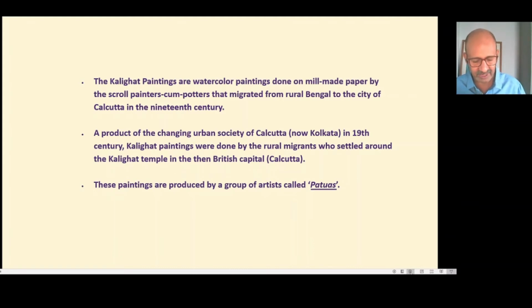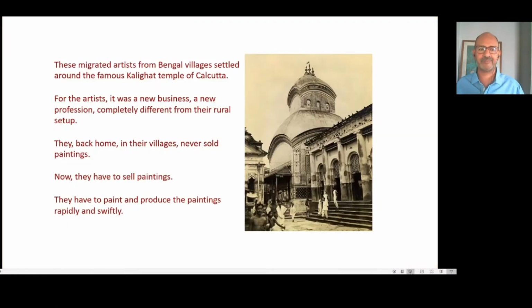These painters were called by their traditional name, Potua or Poto, Kalighat Poto, Kalighat Patua, which means painters hailing from traditional rural origin. These migrated artists from Bengal villages settled around the famous Kalighat temple of Calcutta. For these artists, it was a new business, a new profession, completely different from their rural setup. Back home in their villages, they never sold paintings.